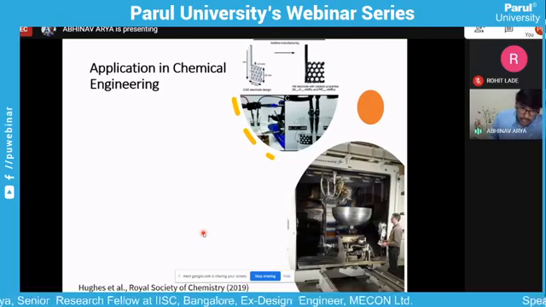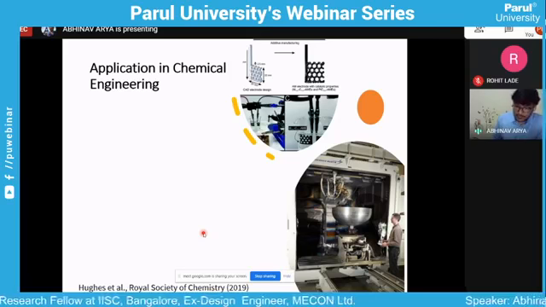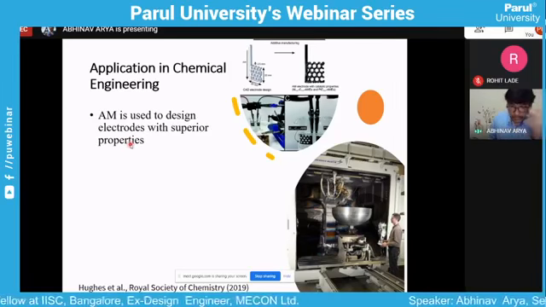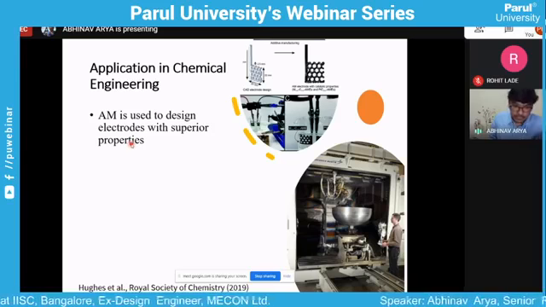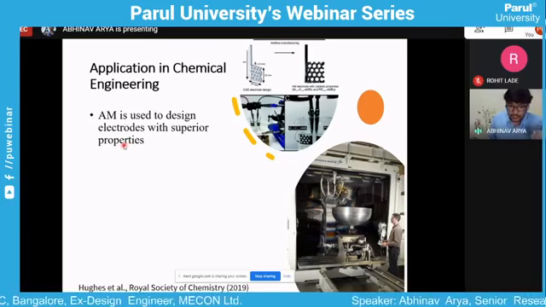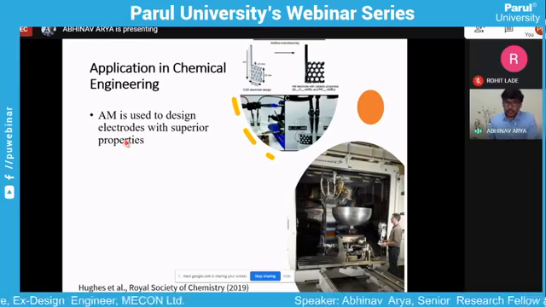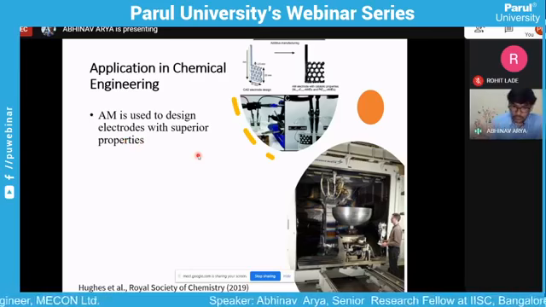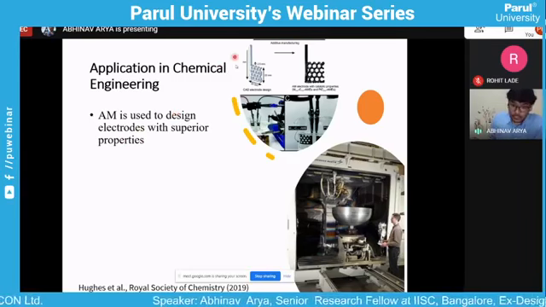Now let's talk about the applications of additive manufacturing in chemical engineering. Studies have shown that it can be used to design electrodes. In electrochemistry, the property of our reaction depends largely on the design of the electrode.